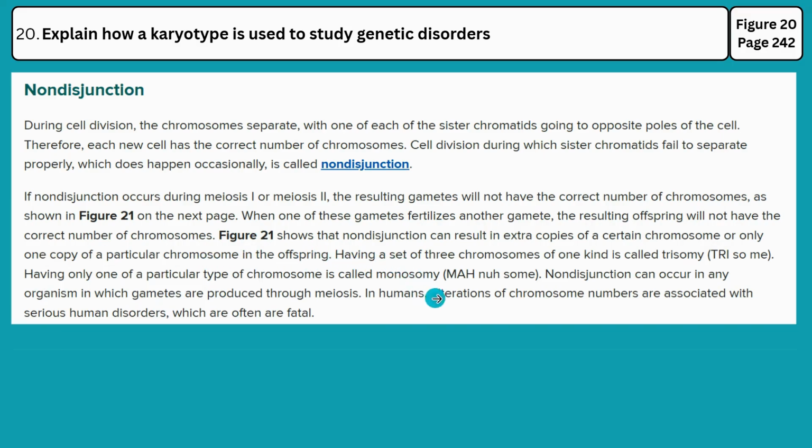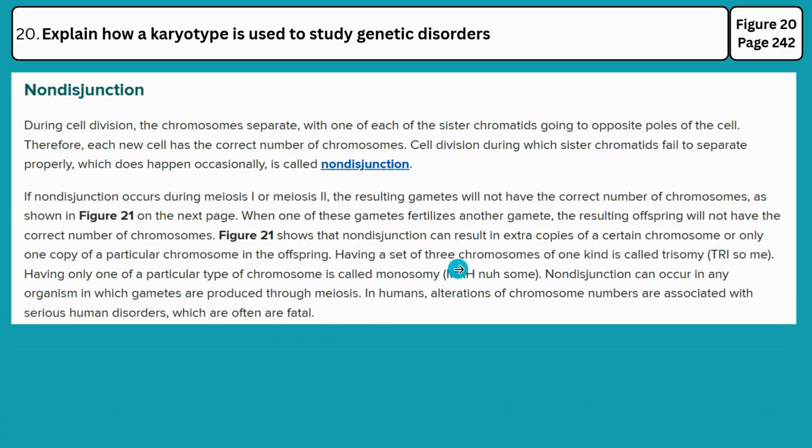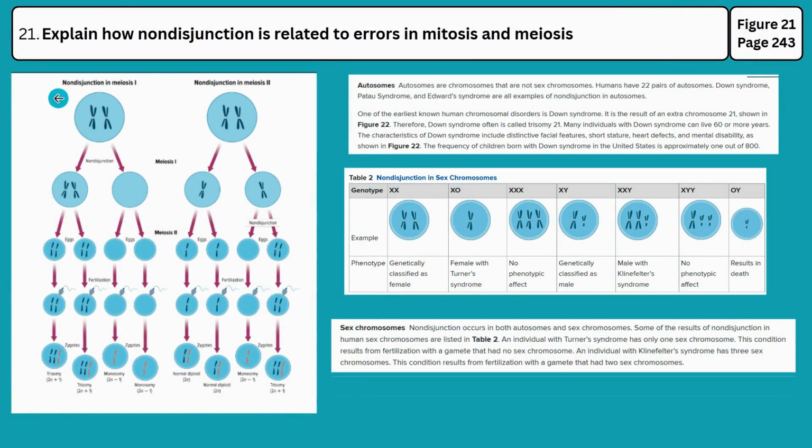So, if non-disjunction occurs, a set having three chromosomes of one kind is called trisomy. So if there are three chromosomes, it's trisomy. If there is one chromosome, then it's monosomy. So if you see this figure here, it will be better. This is non-disjunction in meiosis 1 and meiosis 2.